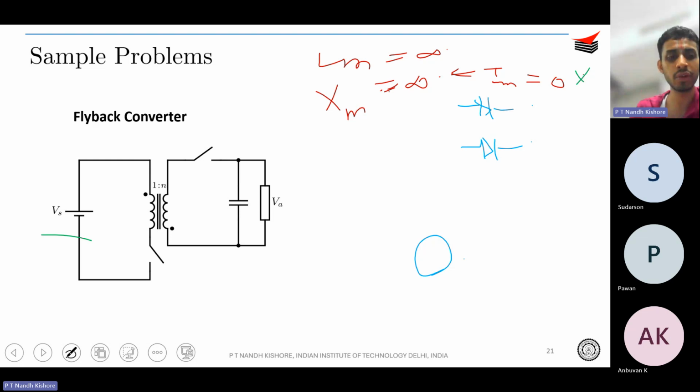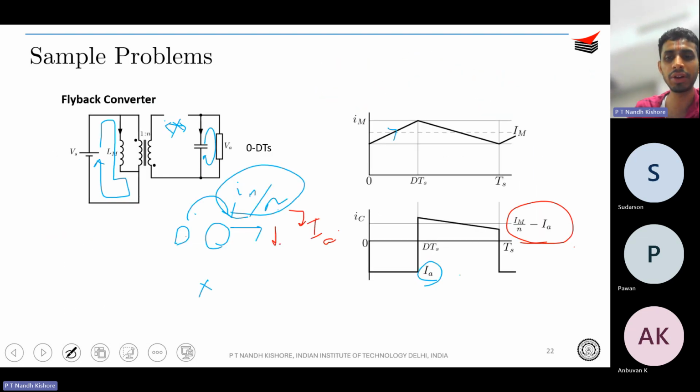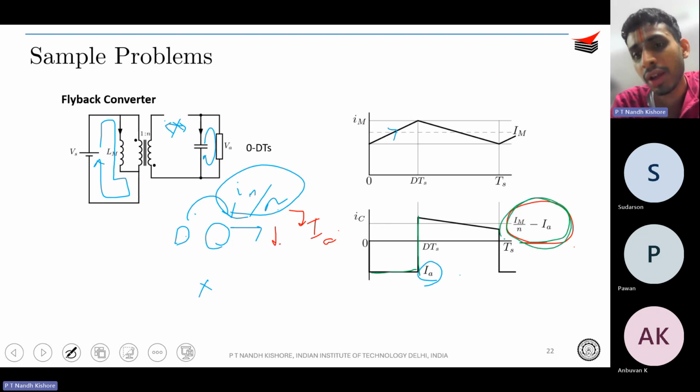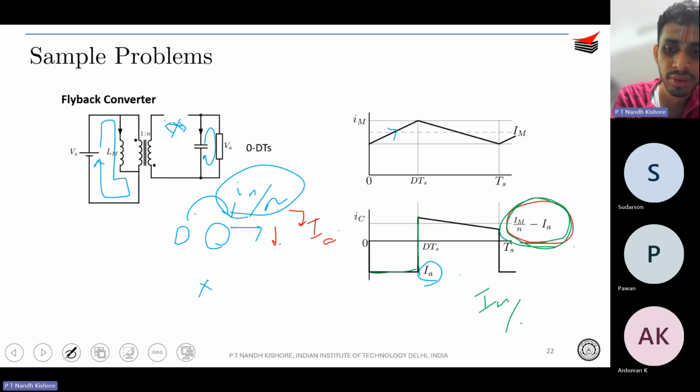The converter can work only because of charge balance, and charge balance can happen only because your current is something like this. Your current needs to go positive, like it needs to be minus IA and then it needs to go to Im by n minus IA, and your Im by n minus IA is supposed to be a positive number. When can Im by n minus IA be positive? Only when Im by n is more than IA.